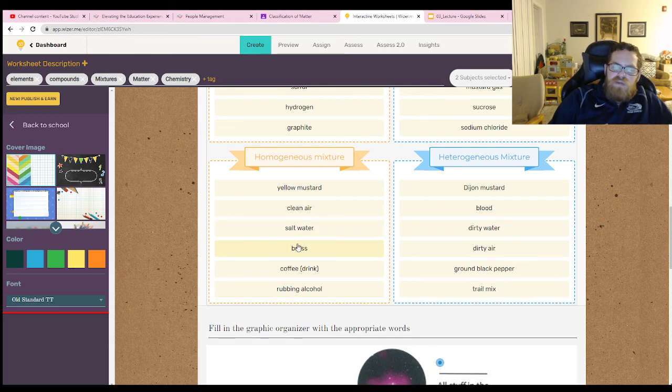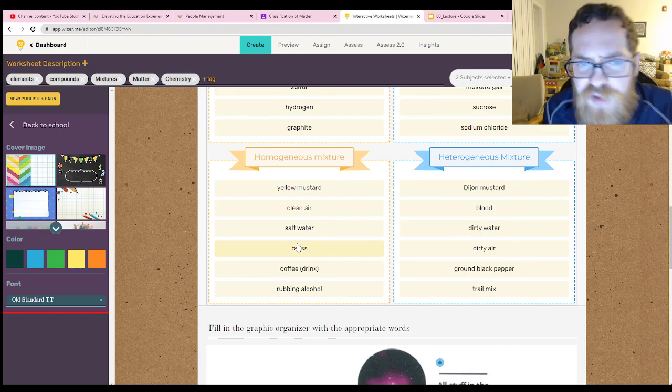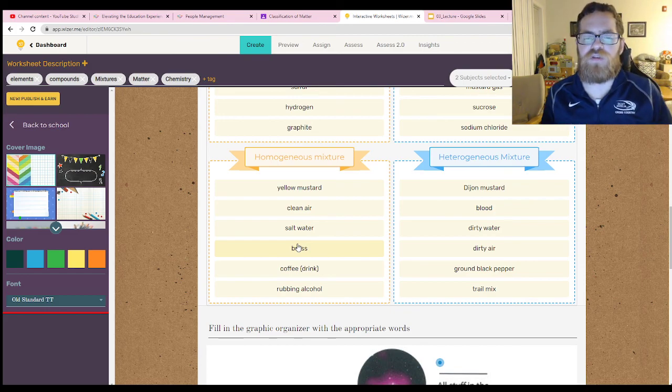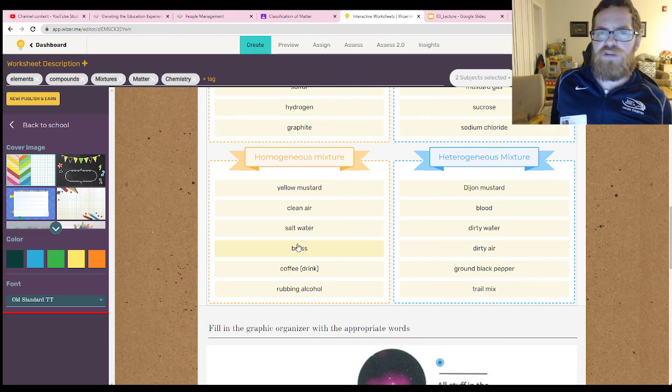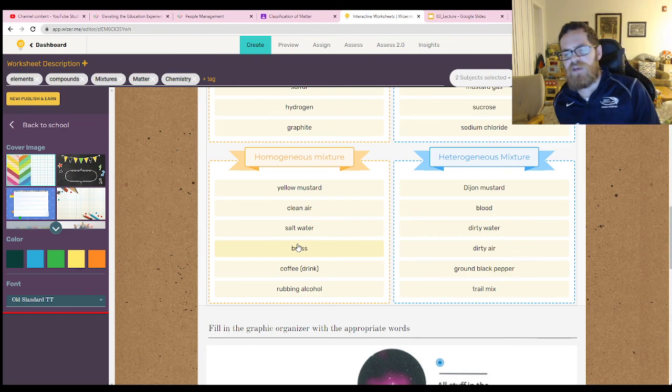Brass here is a mixture, and that might seem confusing, but that's because it's something called an alloy. Alloys are mixtures of metals. Sometimes the combination of one or more metals can actually be a compound, but most of the time it's a mixture. That's because it doesn't have to be in a definite proportion.